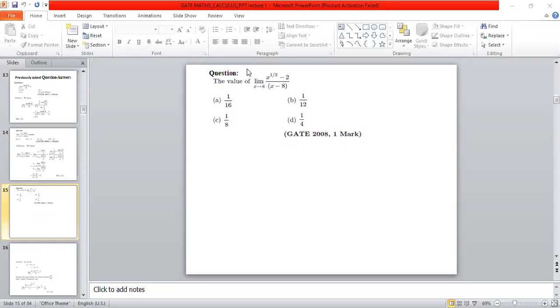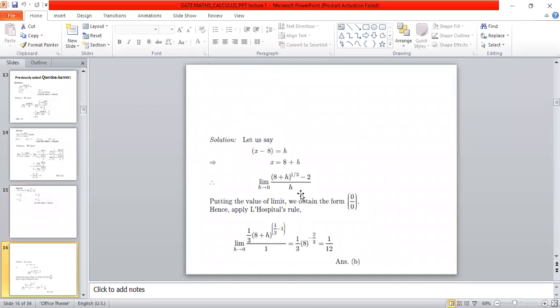Okay, if we put the limit x tends to 8, 8 raised to 1 by 3, that is the cube root of 8, that is 2. 2 minus 2 will be 0, and in the denominator 8 minus 8 will also be 0. So it is 0 by 0 form. So we have to use L'Hospital rule.